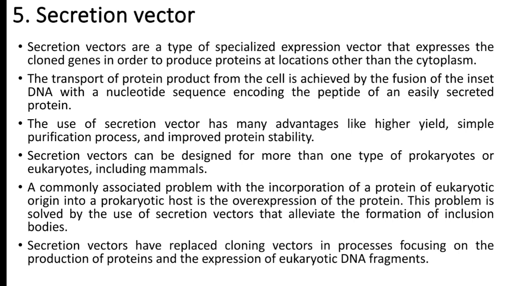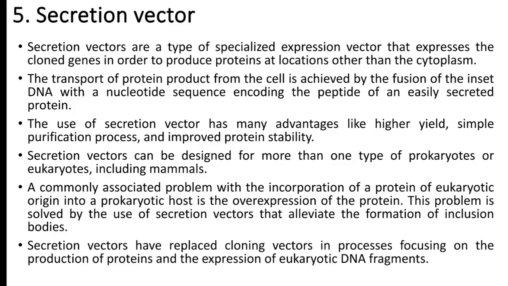The transport of the protein product from the cell is achieved by the fusion of insert DNA with a nucleotide sequence encoding the peptide of an easily secreted protein. The use of secretion vectors has many advantages like higher yield, a simple purification process, improved protein stability. So these are designed for more than one type of prokaryotes as well as eukaryotes, including mammals.